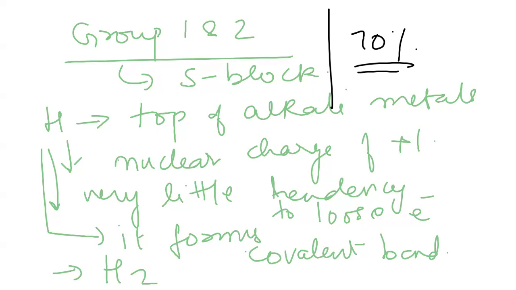See, basically, what do we see? That hydrogen resembles the outer electronic configuration of group 17 elements. Why?